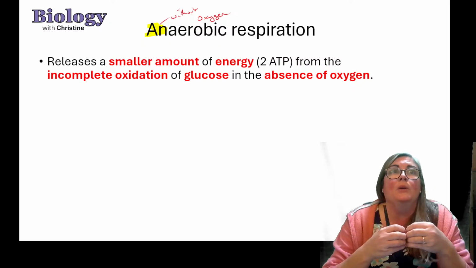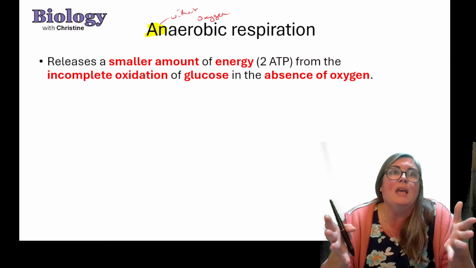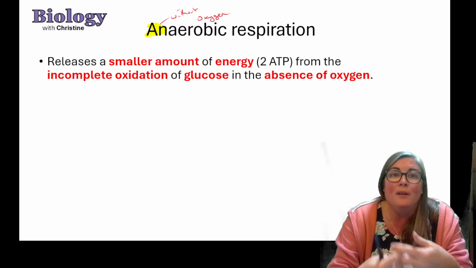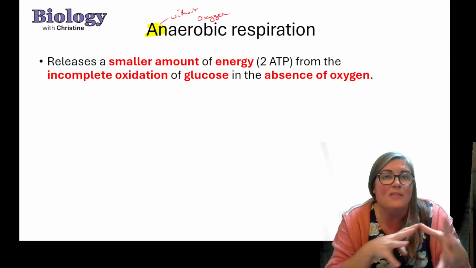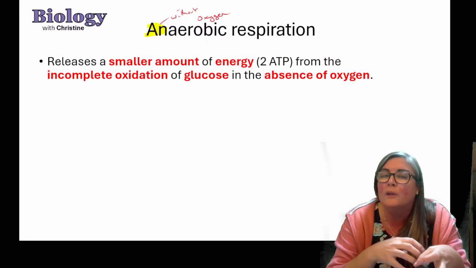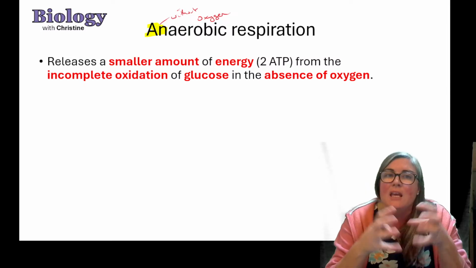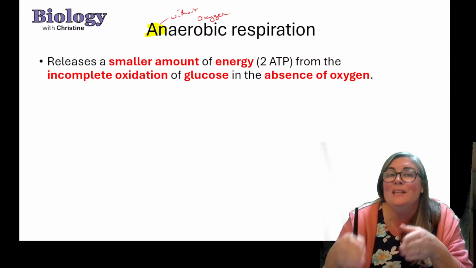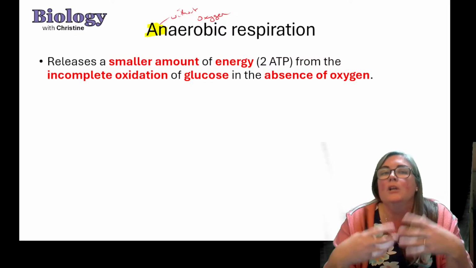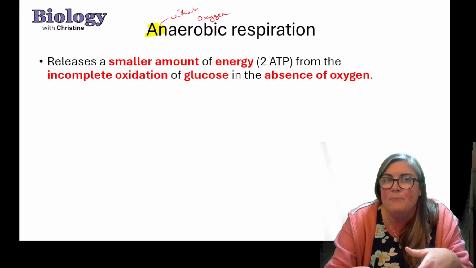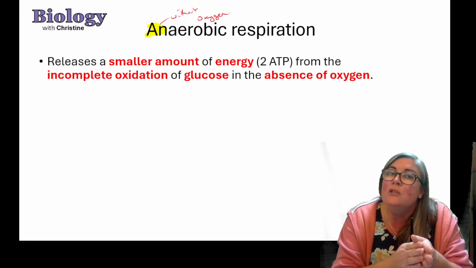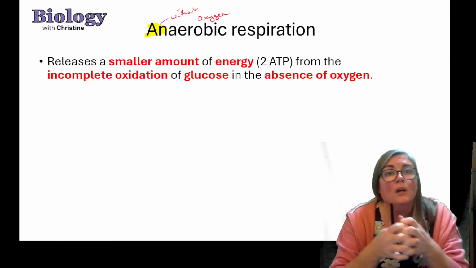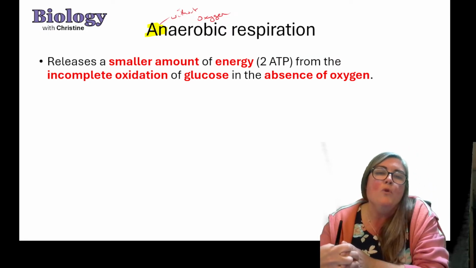If you think about doing a sprint, you are not going to be supplying the oxygen at a fast enough rate, and therefore you're relying on stores that you have in your muscle cells already to provide the necessary energy for whatever that activity may be. So you actually do anaerobic respiration first before you do aerobic respiration.